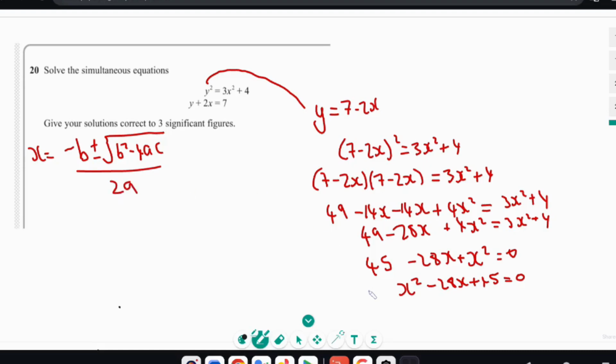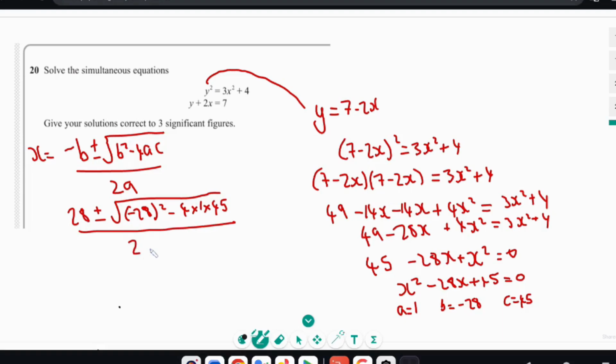So a is 1, b is negative 28, c is 45. So minus b, minus 28, plus 28. Don't forget, in your calculator, you definitely have to have this minus 28 in brackets. All over 2 times 1, which is 2.